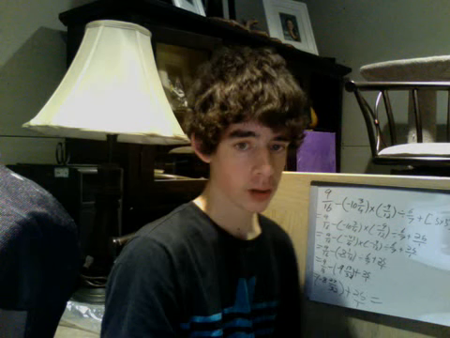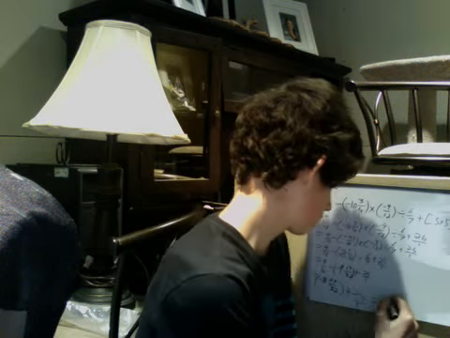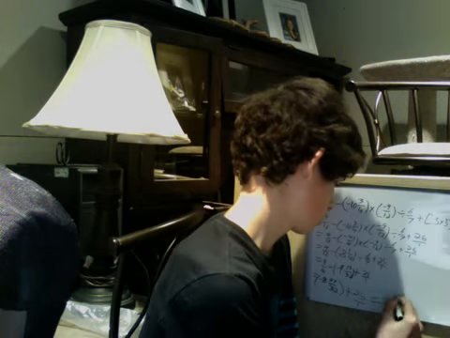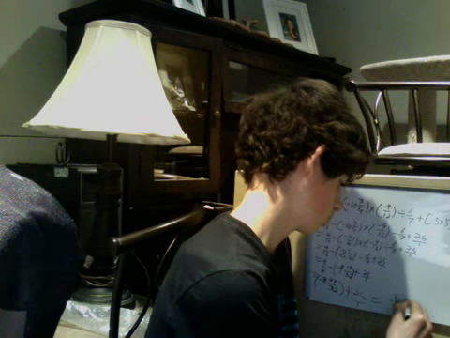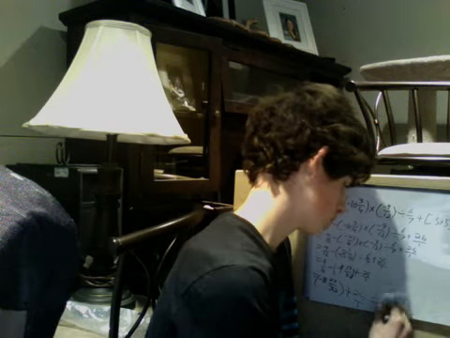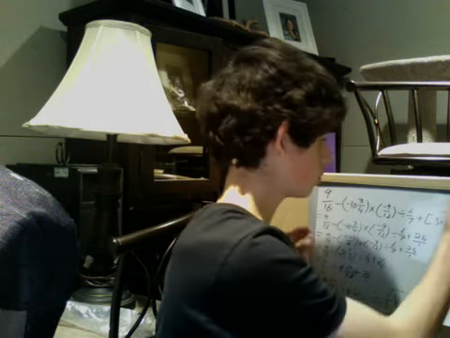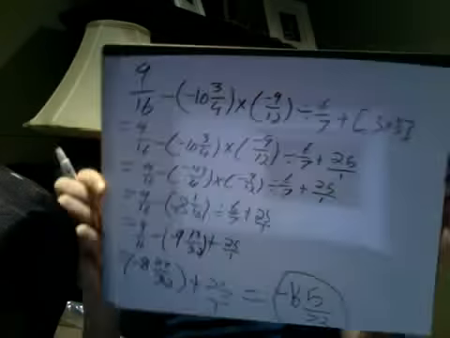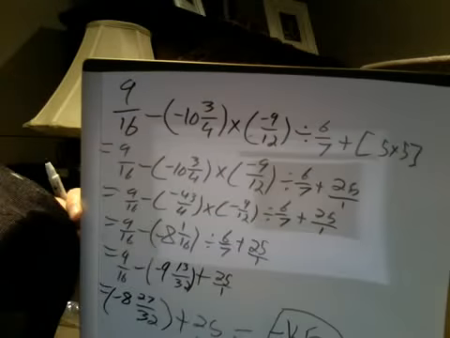Well, negative 16 and 5 over 32. Kind of messy. That's your answer, and it's kind of messy, but I guess it is done.